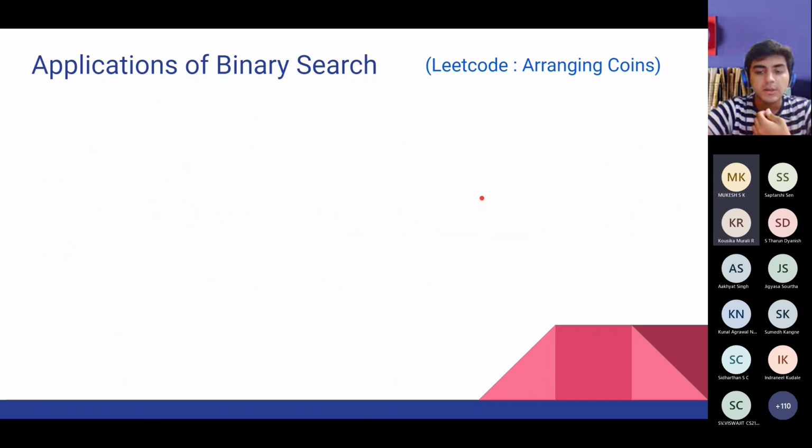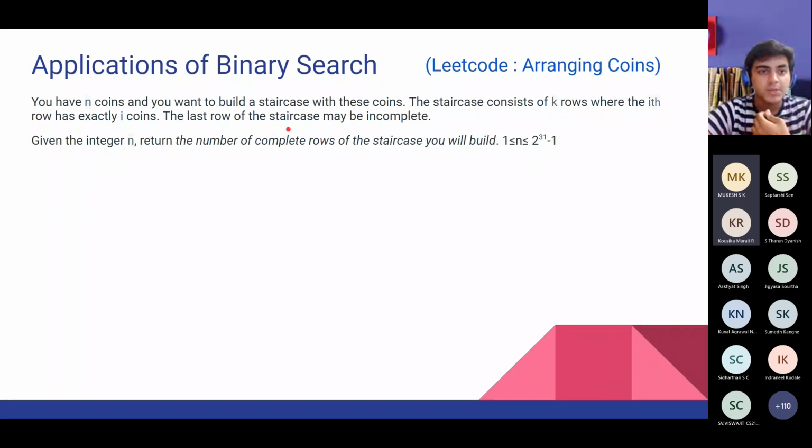So we can discuss a problem which is available on LeetCode as well, arranging coins. I believe the problem statement is visible. I can read the problem statement once. You have n coins and you want to build a staircase with these coins. The staircase consists of k rows where the ith row has exactly i coins.